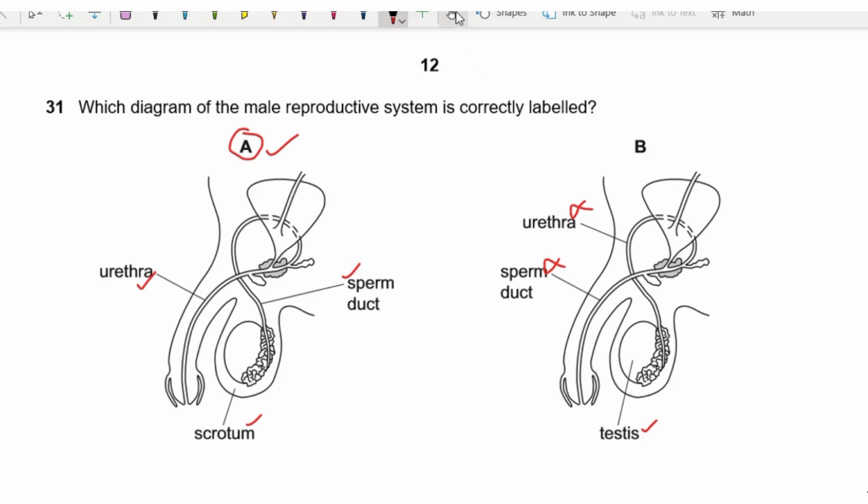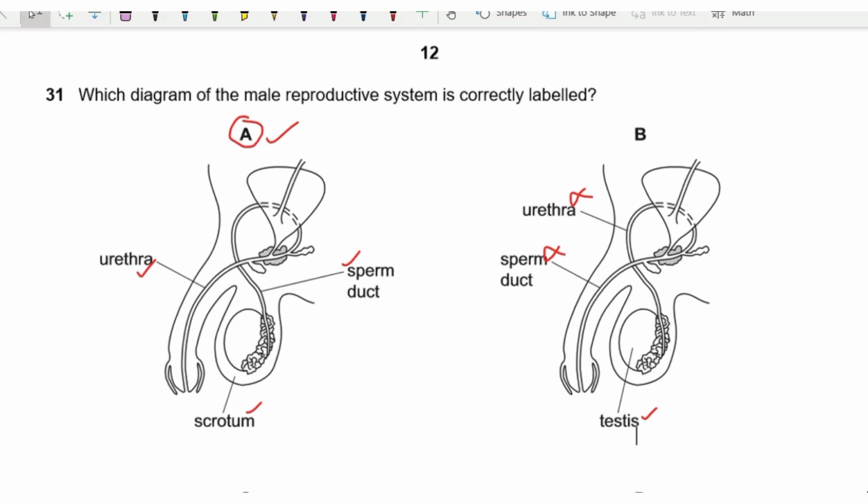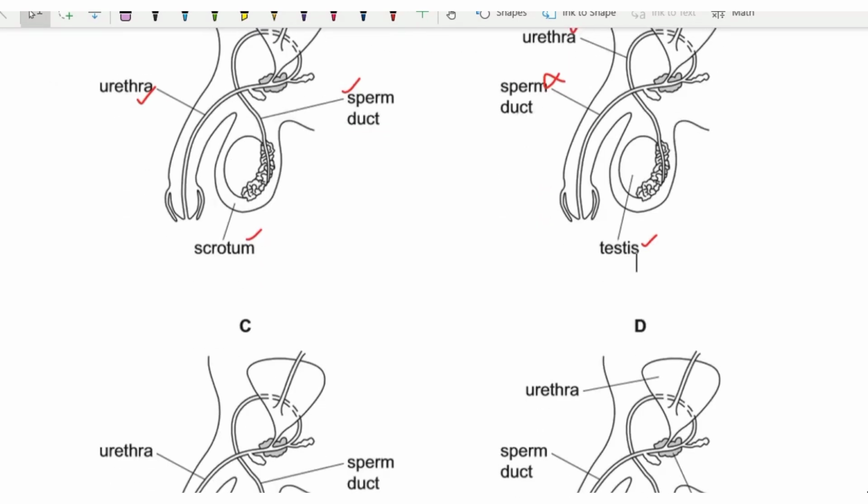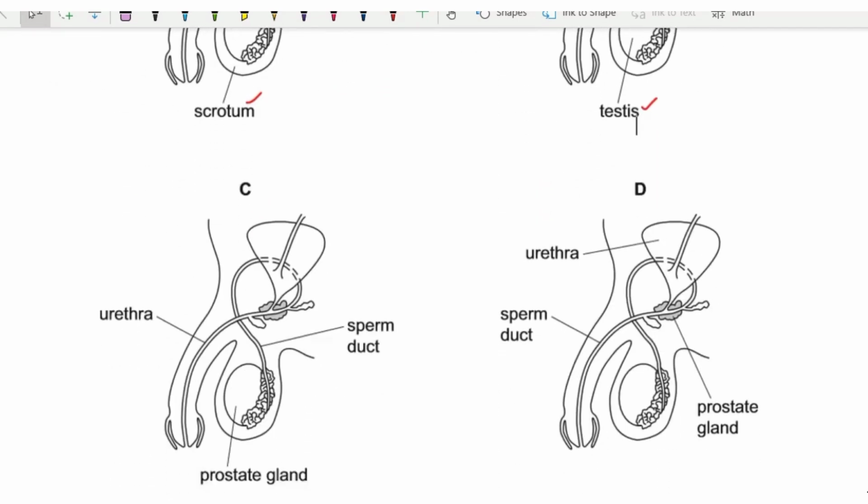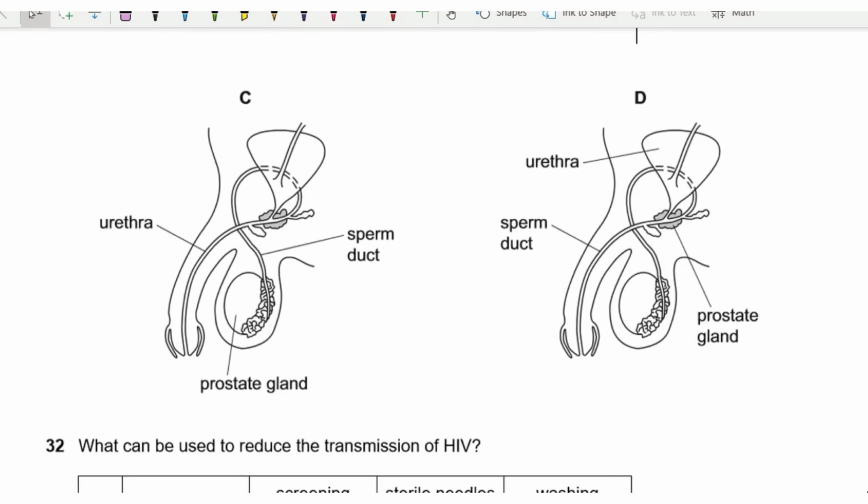Then if you look at option C, although the urethra is correctly labeled, the sperm duct is correctly labeled, but the prostate gland is not the prostate gland.